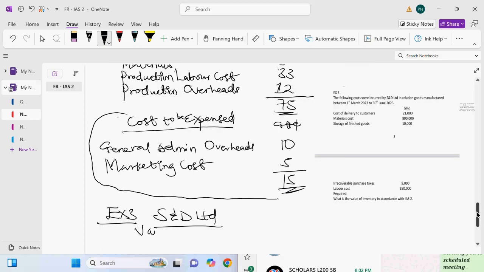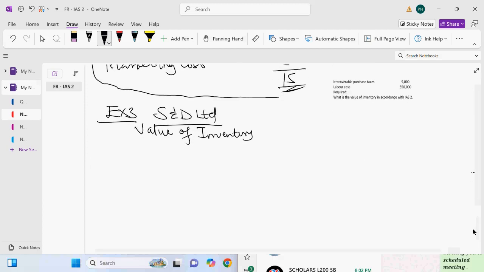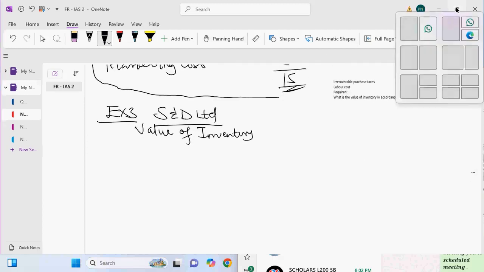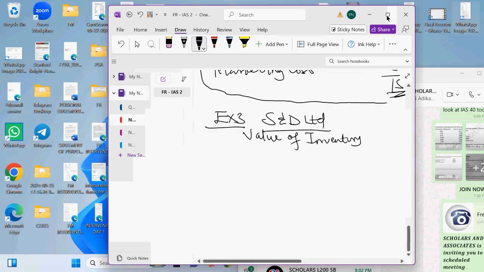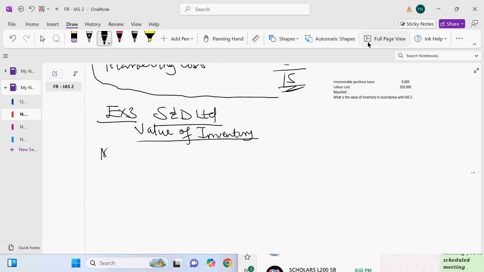So what do you think should be the value of the inventory? Material cost, labor cost.